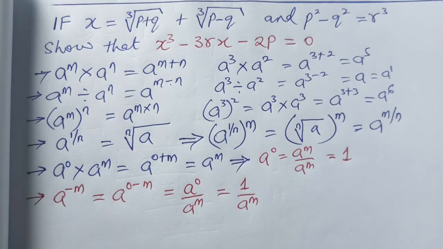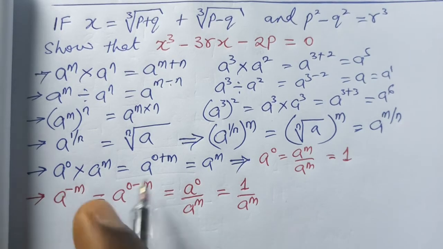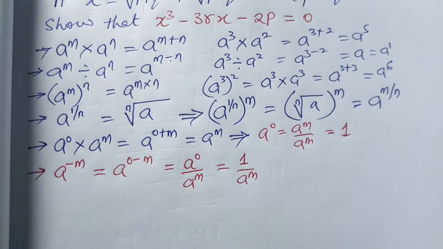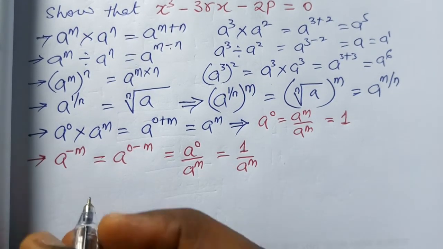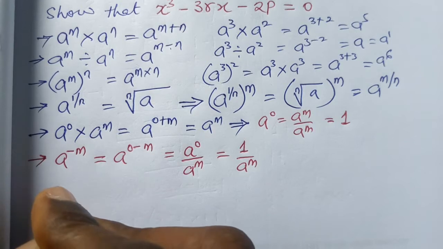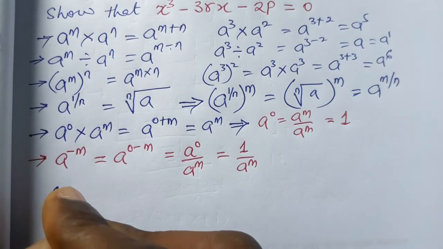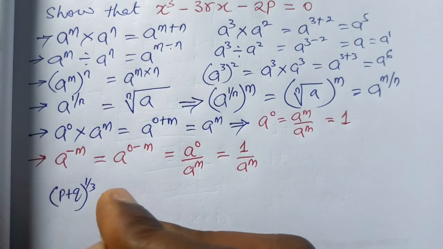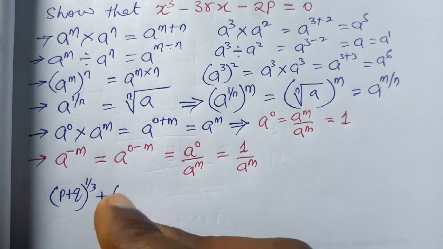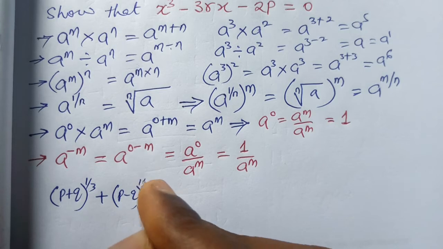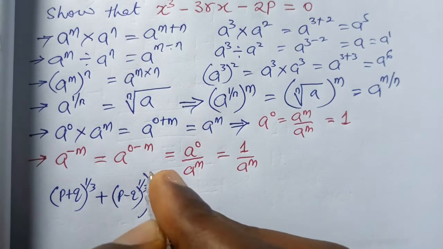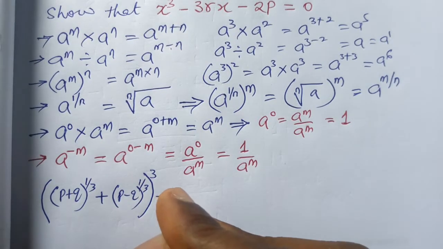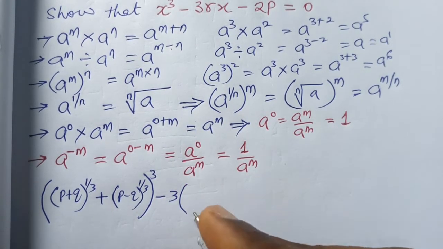So let's start. We will now put this here. If we put it there, we will have an equation like this: (p plus q) raised to power 1 over 3, since we now know it, plus (p minus q) raised to power 1 over 3, all cubed, minus 3r.